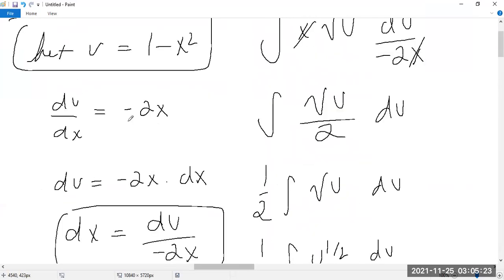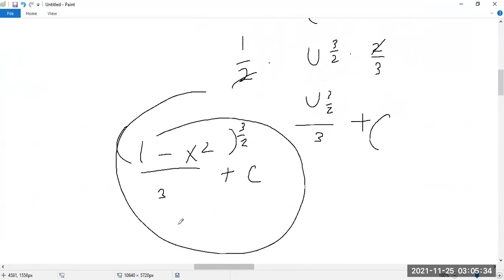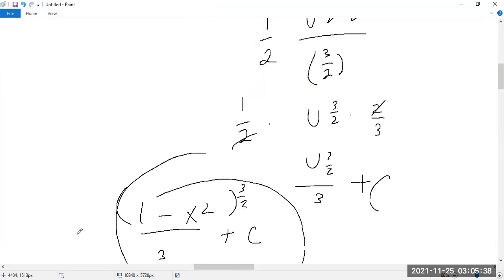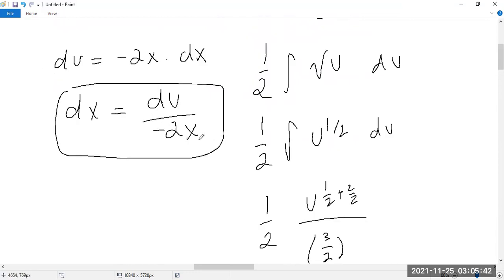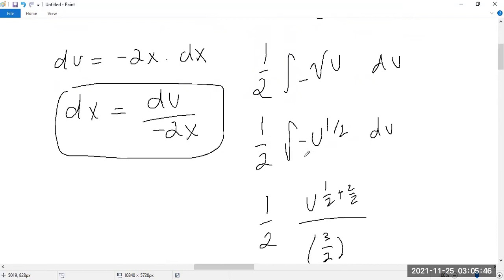My u value was 1 minus x squared, so (1 minus x squared) to the 3/2 over 3 plus c. But negative, because I was supposed to carry this negative through.